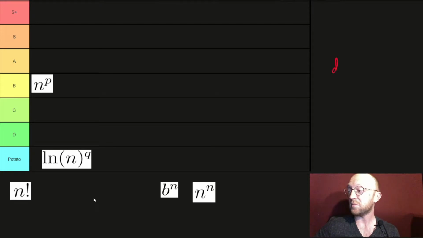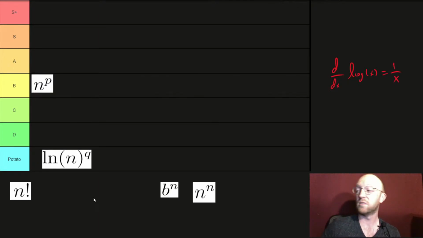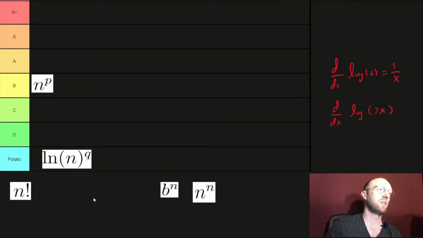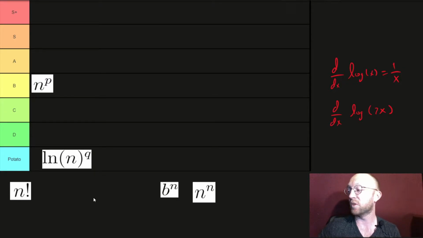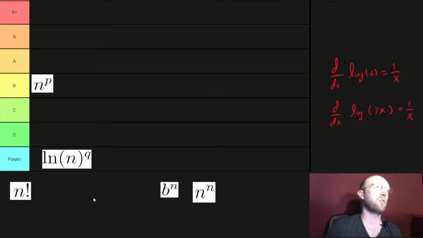What do I mean? We all know that the derivative of log x is 1 over x. Well, what's the derivative of log of 7x? Multiply by 7 inside the argument, I should be increasing faster, right? I've scaled it. Nope. Still 1 over x. Log don't care.